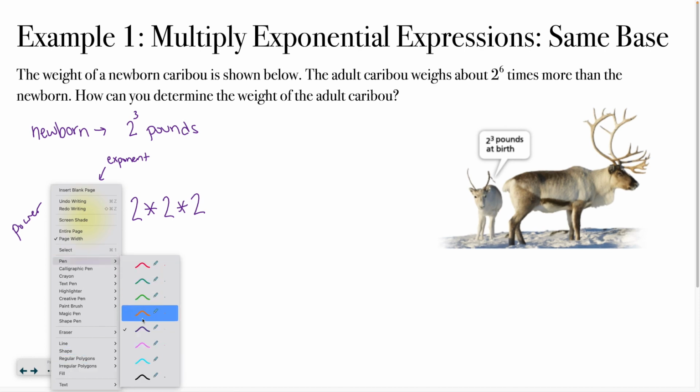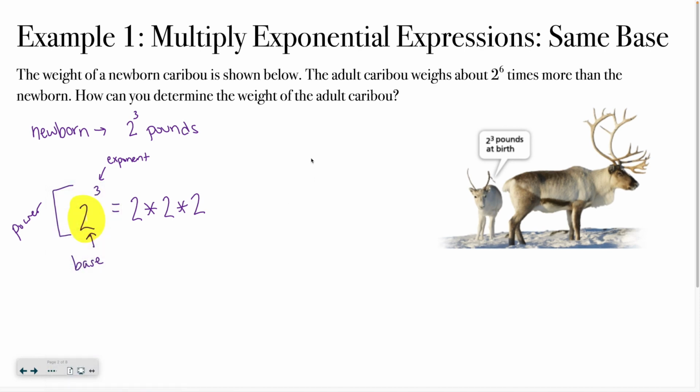Alright, so now that we've recapped a little bit of information, I'm just going to put that off to the side with that vocab. So we know that the newborn is 2 to the 3rd pounds, and then we know that the adult caribou weighs 2 to the 6th times more than the newborn.